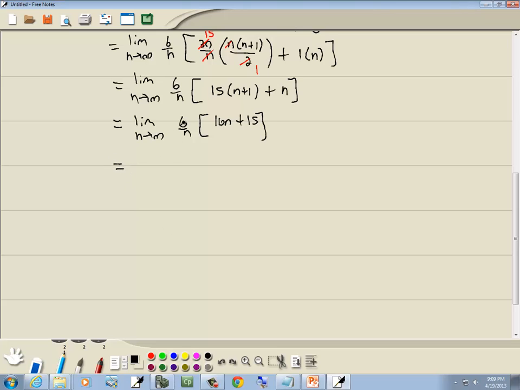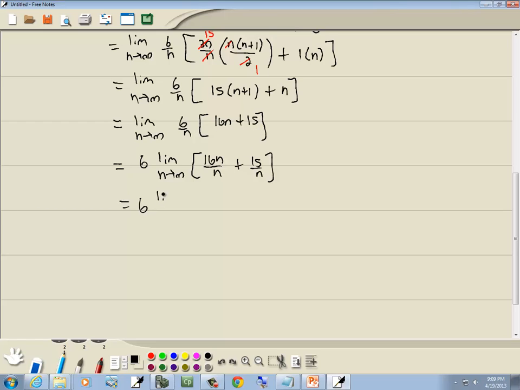This 6 here I could put clear out in front of our limit, because it's a constant. And then this is 1 over n, so I'll have 16n over n plus 15 over n. Again, when we take the 6 out in front, that leaves us 1 over n. So I just took 1 over n times 16n and 1 over n times 15.